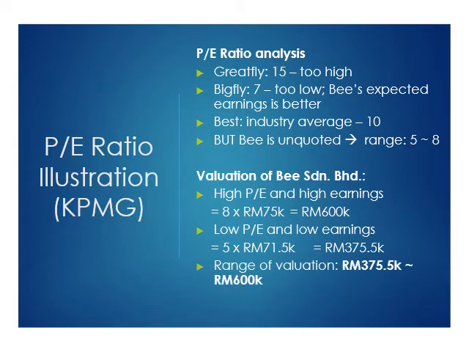Therefore, the value of B would be between the lower 357,500 ringgit and the higher 600,000 ringgit, or within that range. Now, you may agree or disagree with these values and may suggest a different range based on your judgment.